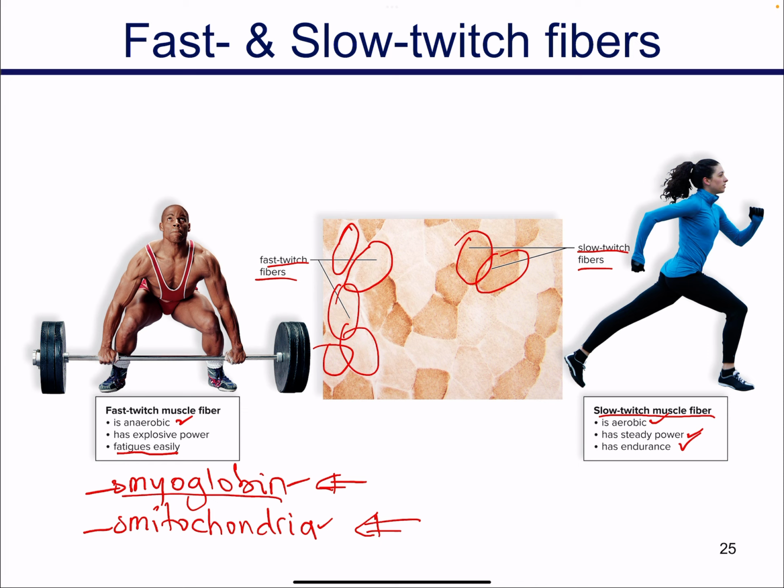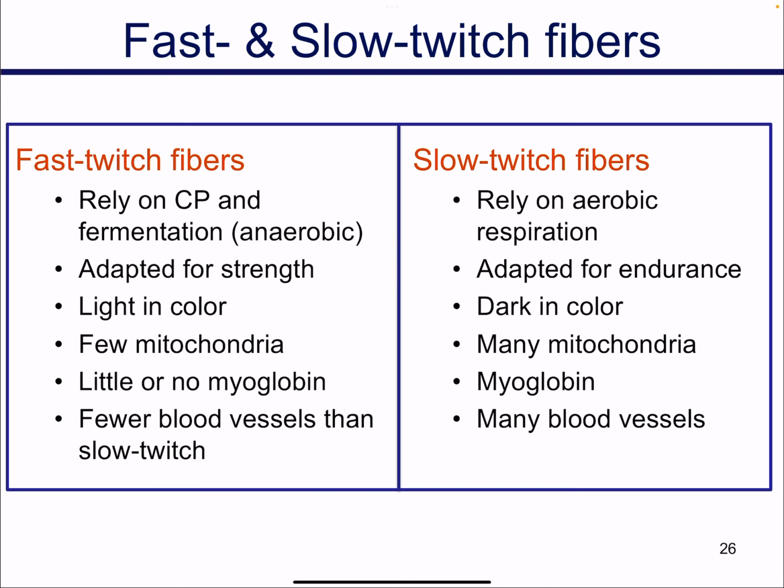A bunch of mitochondria means cellular respiration is happening in the cells big time, right? Myoglobin carries oxygen. A lot of myoglobin means a lot of oxygen is going to be present in the cells. So you understand the advantages here. All right. The fast twitch fibers are going to rely on creatine phosphate and fermentation, right? These are mainly anaerobic processes, right?